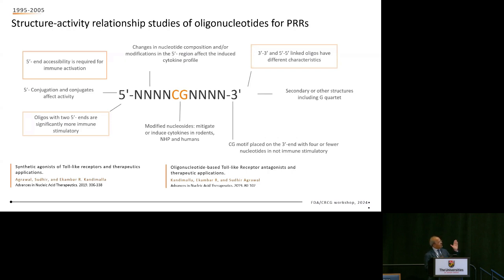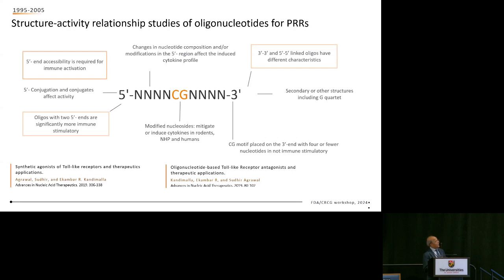So what we have done is really systematically studied where it is, what modification leads to suppressive activity, what modification leads to increased activity, can it be substituted completely with modified bases? And for that, we published a library of modifications which could lead to engagement of toll-like receptor 9 or completely mitigating it.